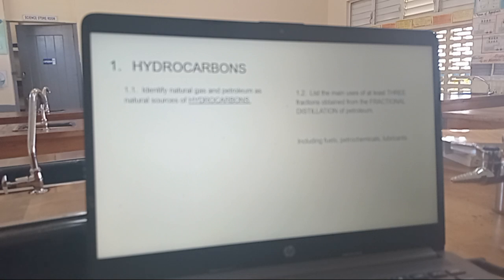Very, very important. How do we obtain the different fractions, the different gases, petrols, kerosene, etc.? How do we obtain them from crude oil? Well, the process is called fractional distillation.